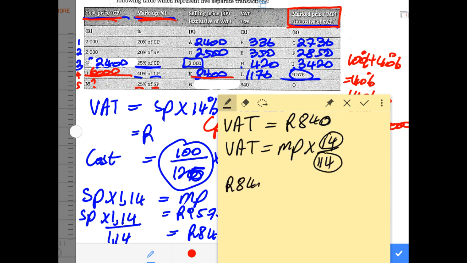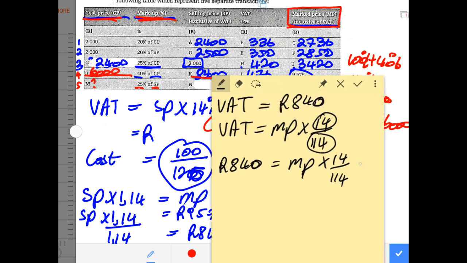So now the question is, do we know our VAT in this case? Yes, we know our VAT is 840. Do we know our MP, marked price? We don't know. But we know that this must be multiplied by 14 over 114. The question is, how do we then go backwards? That is the complex part. So now that means we have to cancel.